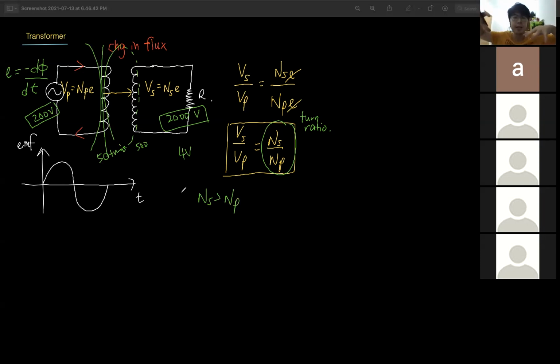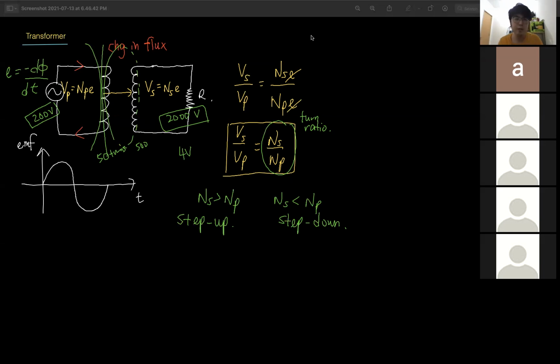If the coil of your secondary is more than the primary, then you get a larger voltage on the secondary. You are stepping up, increasing, so we call it a step up transformer. And if your NS is smaller than NP, then you're using a step down transformer. So two types in general, step up and step down.